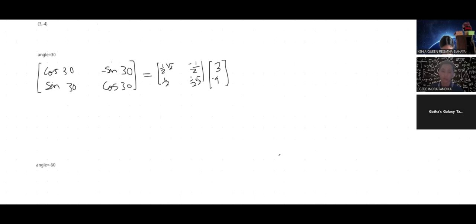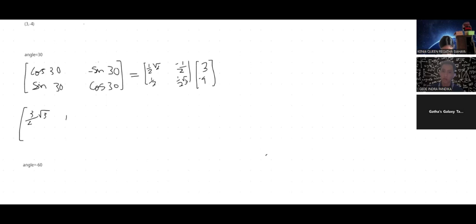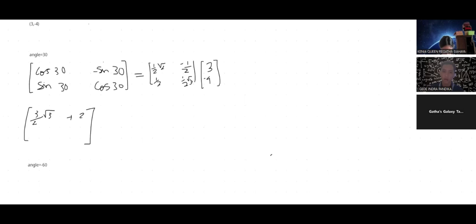Okay, so the result will be 3 over 2 cross root of 3 plus 2, and 3 over 2 minus 2 cross root of 3.